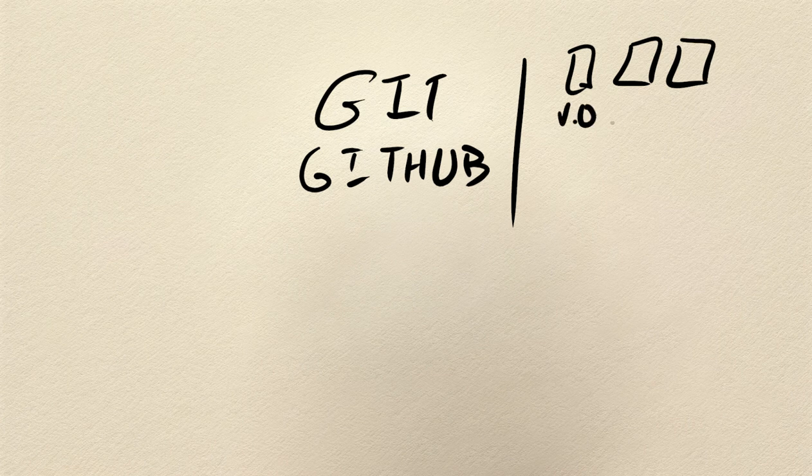So version 0, let's say, is the version that you worked on on day 1. Version 1, since we started at 0, is day 2. This is day 3.